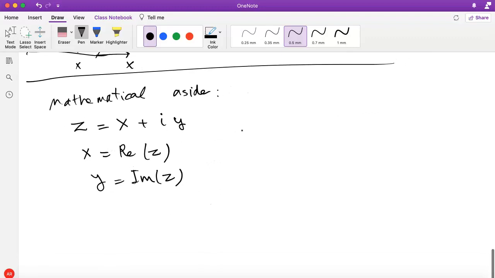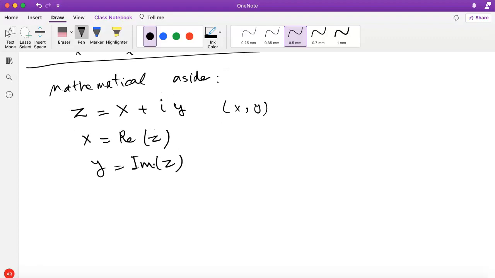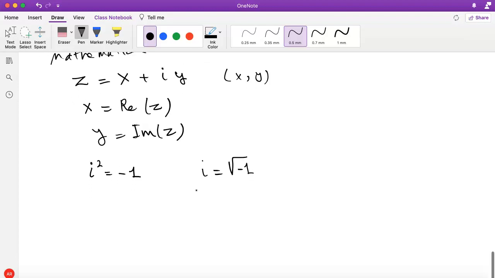At this point, this is a notation. I could have maybe just used x and y like a pair and called the first one real part, the second one imaginary part. But if we want to connect these to real numbers, it's useful to define i as a quantity such that i squared is minus 1. It's something that when you square it, you get minus 1.